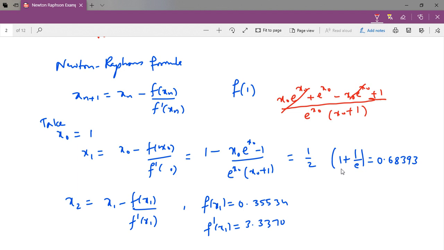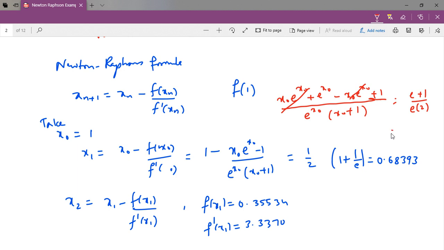So when x naught is 1, what happens? This is going to be e plus 1 divided by e into 2. So 1 by 2 is taken outside. e divided by e is 1, plus 1 by e.